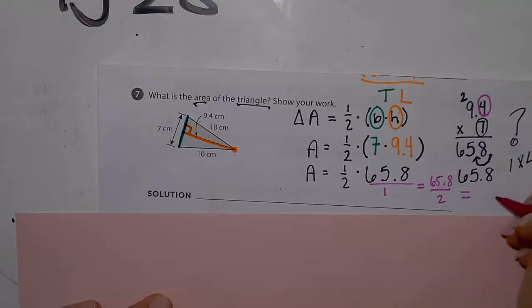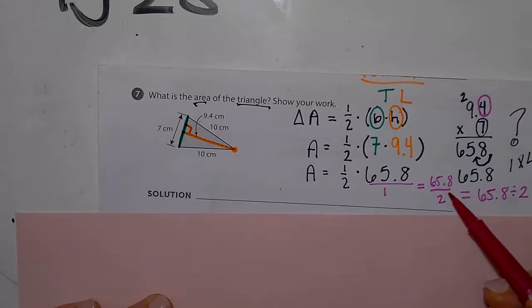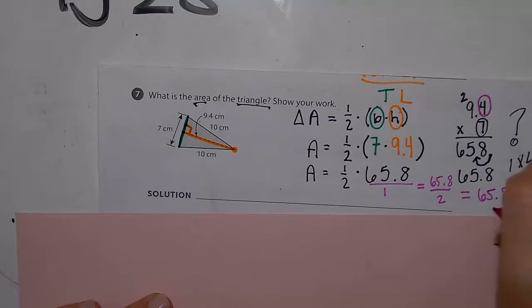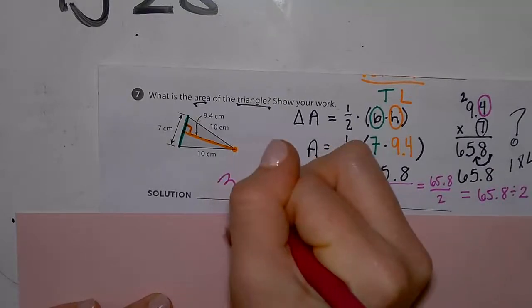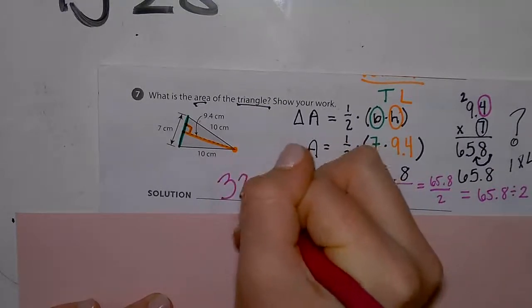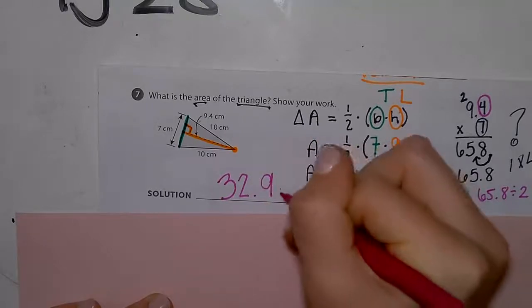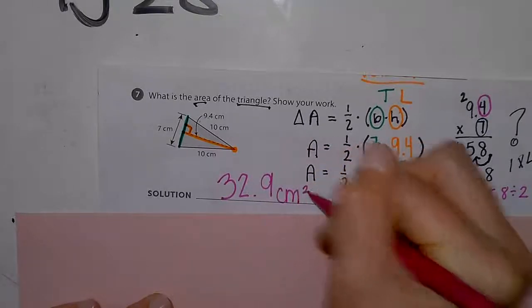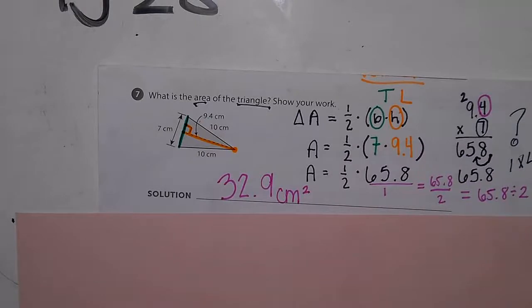And 65.8 divided by 2, right? Because fraction bar means division. So now I can take this and turn it into division. 65.8 divided by 2 is equal to 32.9 centimeters squared. See me for questions, take a quick pause break, and we're going to do number 8.